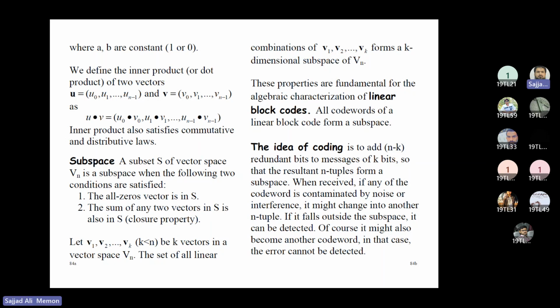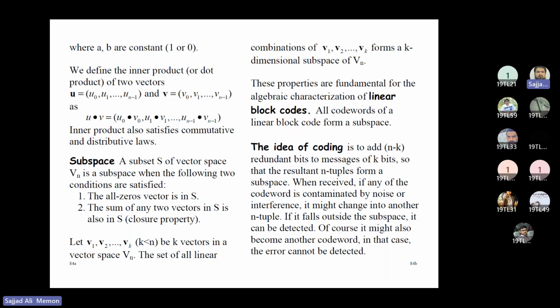Now it says let V1, V2, ... Vk, where k is less than n. So for n-tuples, like for 3-tuples, there will be 8 vectors, and k will be less than the actual 8, meaning it will consist of maybe 1, 2, 3, 4 vectors.